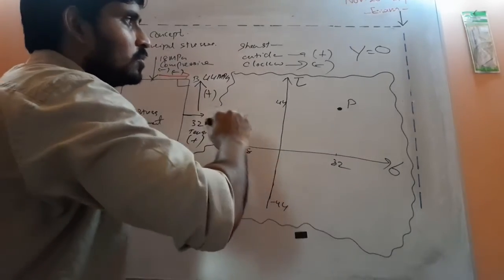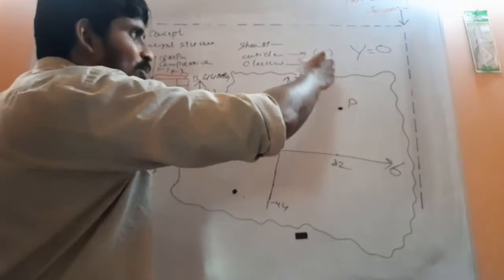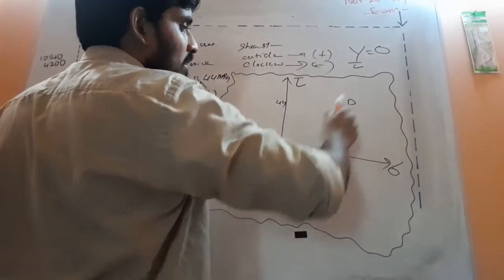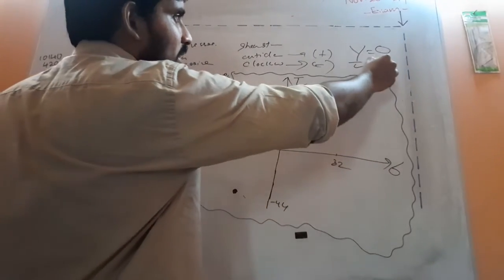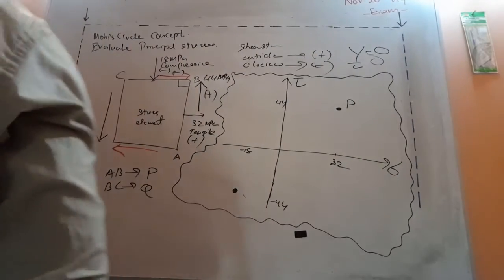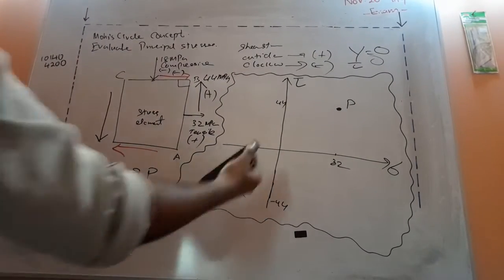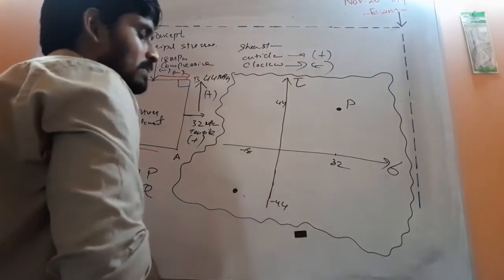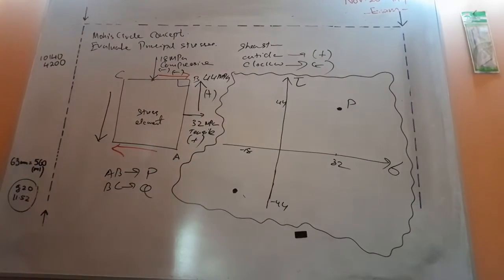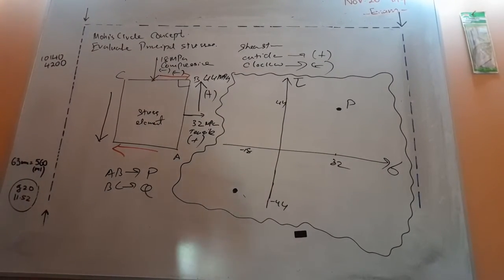That means we are not going to consider any impact due to the shear stress in the center. So in the center we have to worry about only the x coordinate of the center. That means we need to find what is the x coordinate of the center. How to find that? I will teach you.